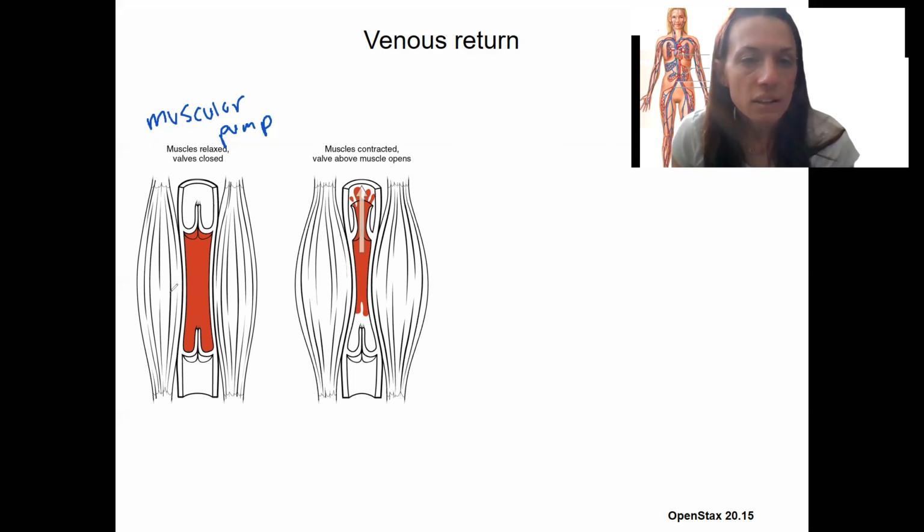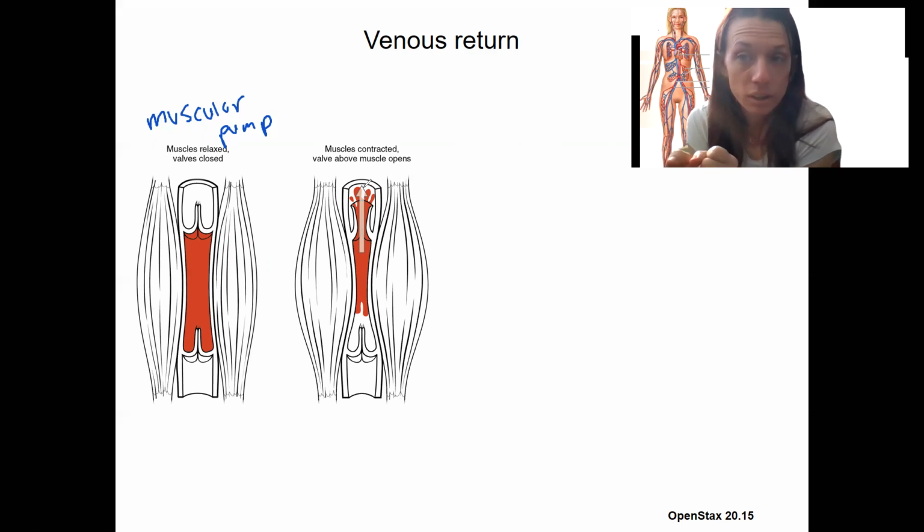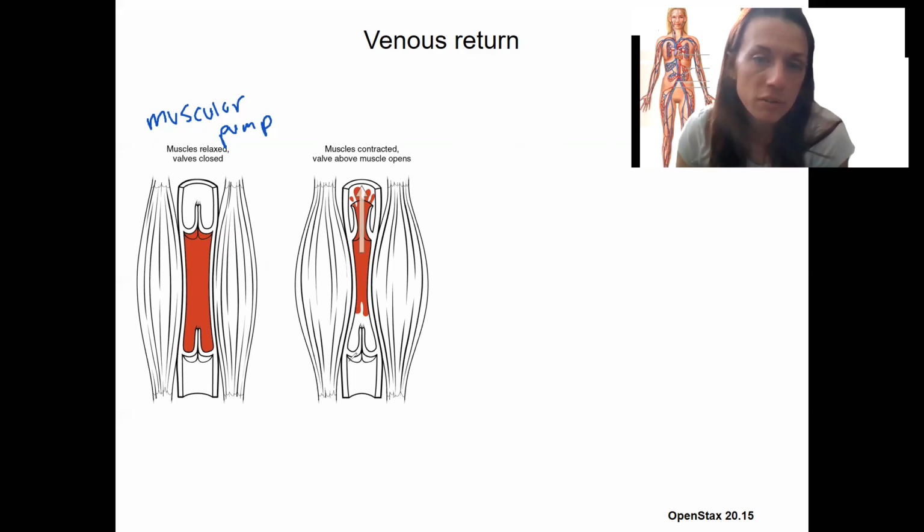As those muscles contract, so here they're relaxed, here those muscles contract, that actually pushes, it pumps the blood back to the heart. It's going to the heart because the valve that is distal is closed. The valve closer to the heart opens.